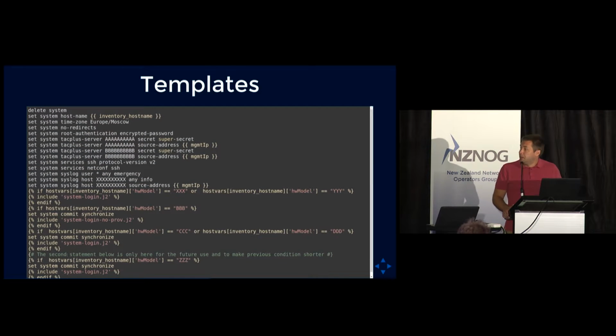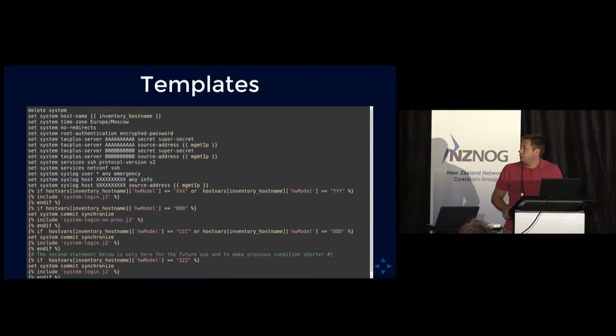So that's how a template looks. This is an example of a Juniper configuration. It's a bit cut off on the left side, I guess, but you can see the commands.